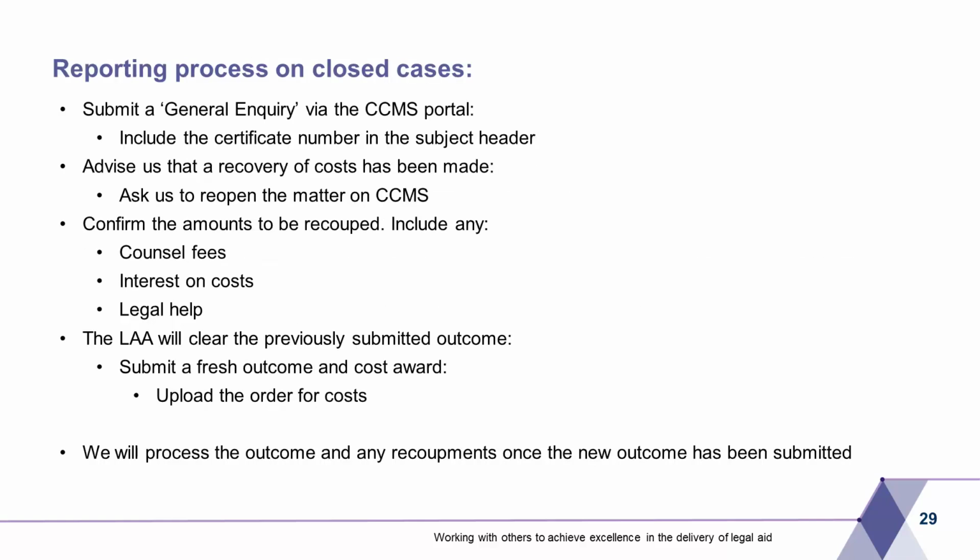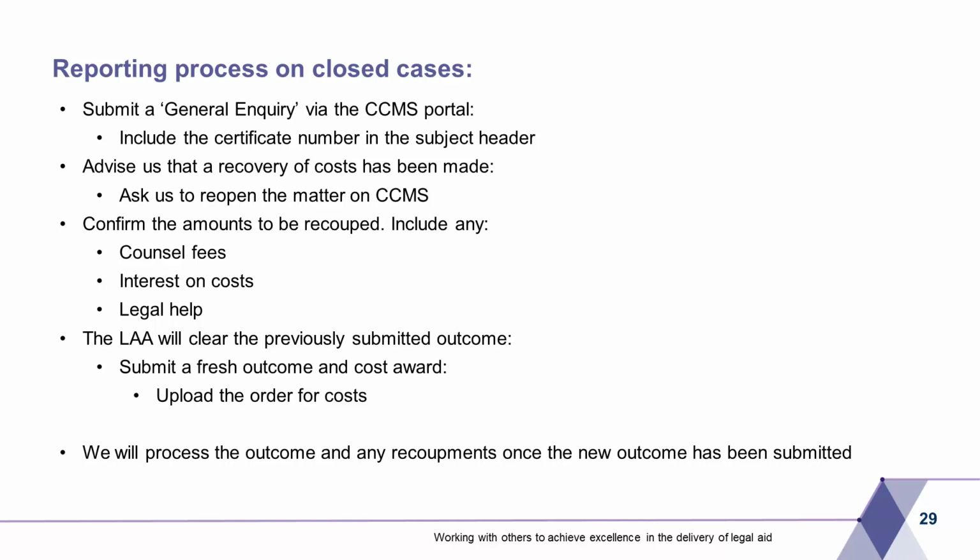Slide 29 is the step by step of the process to be followed. Assuming that this is a case that's already been closed on CCMS, you need to submit a general inquiry via the CCMS portal, indicating the certificate number, advising that a recovery of costs has been made and asking us to reopen the matter.